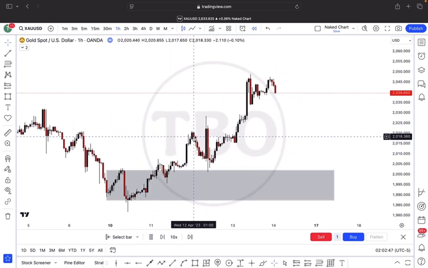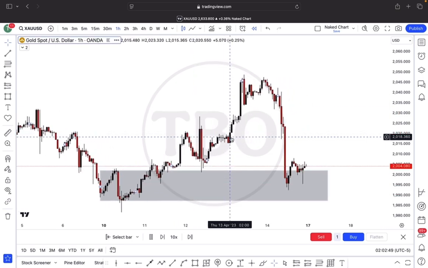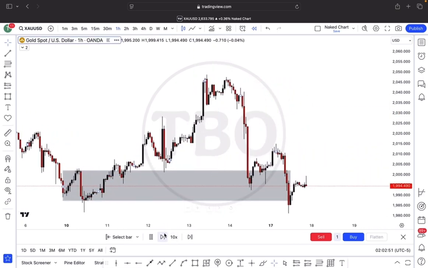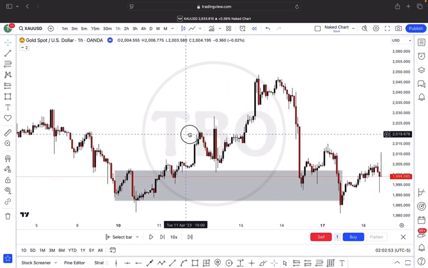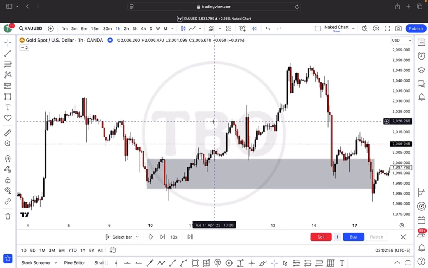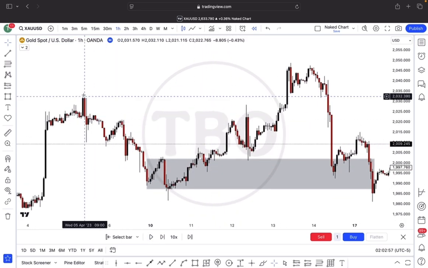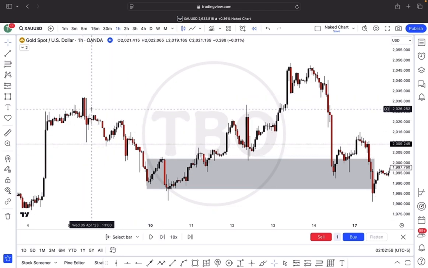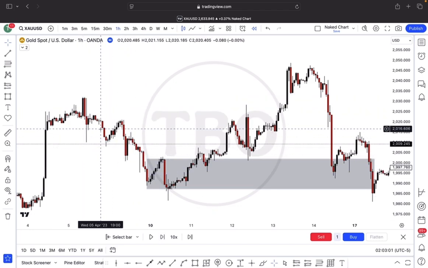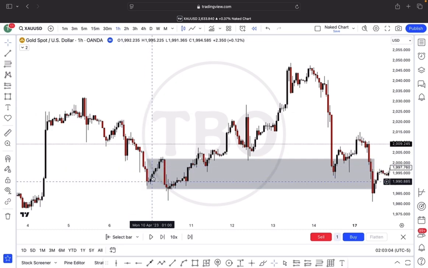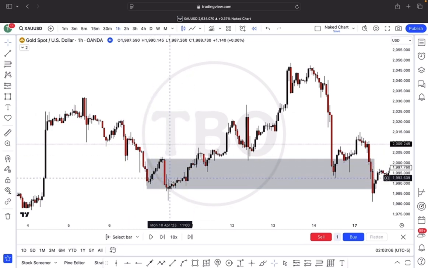There we go. And guys, that leads us to the end of the video. As I said, I don't want to make this video too long, but as you can see, the drop was downwards movement, or in other words, bearish market. Then we had the consolidation, which is also known as the base.